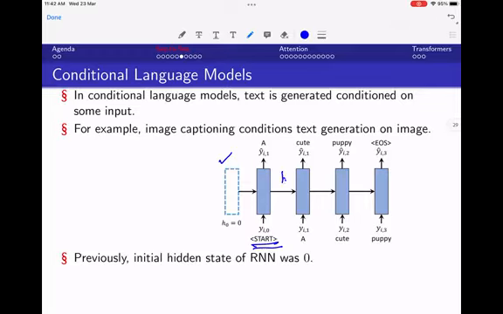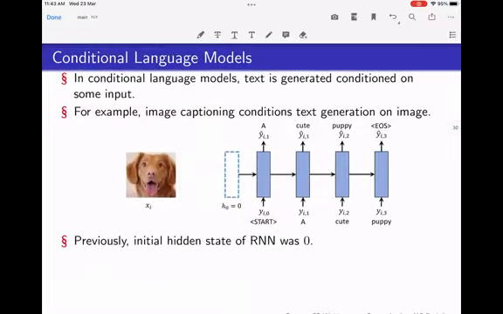The hidden state here is H1, which is not all zero, or H2, which is not all zero, but here H0 is zero. Just keep that in mind, and we'll see what changes are incurred here. So previously the state of the RNN was zero. Two important things to notice: one is this that I just told, and another is that you are starting with this start token.